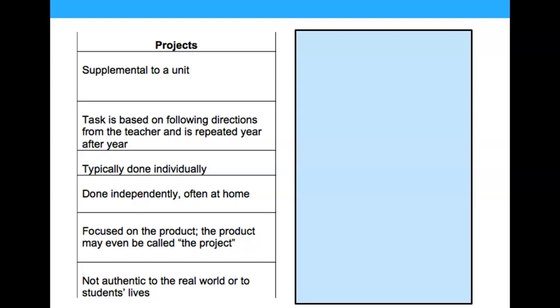Well, they learn to make a model of the solar system, right? Potentially they've already been quizzed or tested on the names of the planets and a fact or two about the planets and where they are in relation to one another. And then they learn how to paint styrofoam balls, or they learn the best adhesive to use to keep the ball stuck at the top of the box, right? It's not really anything that is authentic to their real lives.